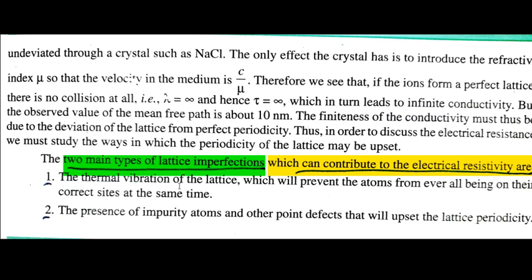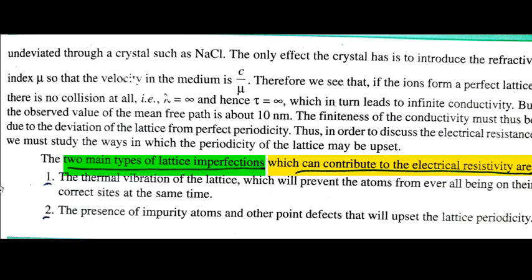So there are two main types of lattice imperfection which can contribute to the electrical resistivity. Number one, the thermal vibration of the lattice. That means the points where you have the host ions of a metal crystal, the atomic oscillations, which prevent the atoms from ever all being on their correct site at the same time.